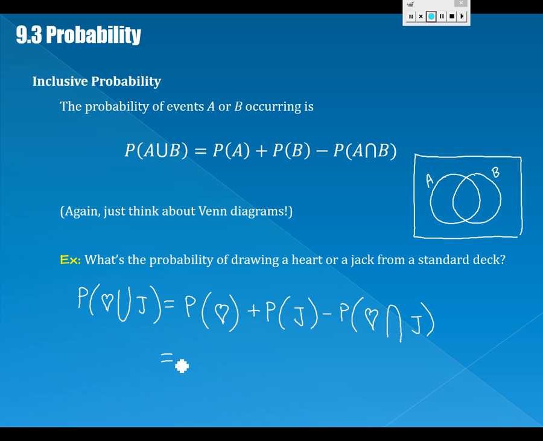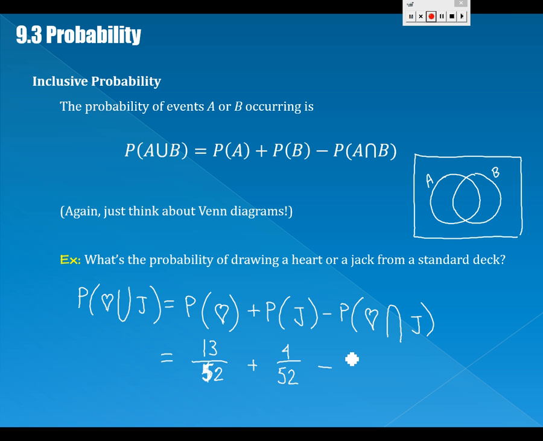Go ahead. The probability of a heart is 13 out of 52. The jacks, how many of those are there? And how many cards could we draw with one draw of a card?